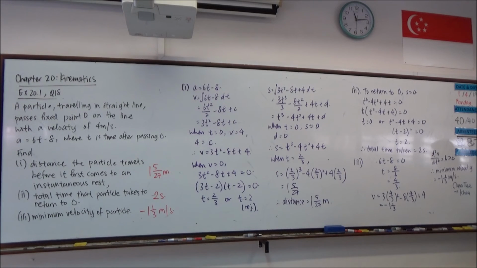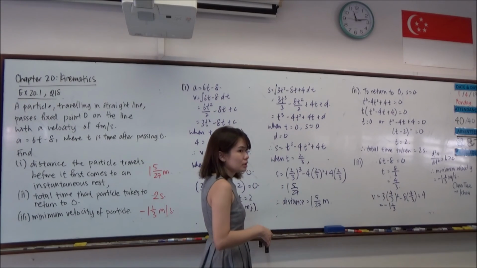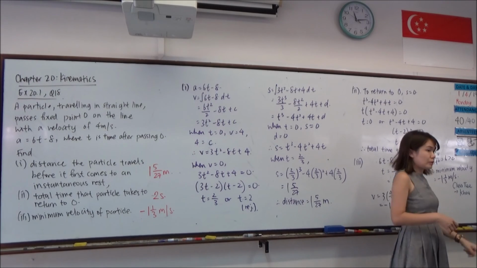Any questions? Please infer from part 1. When V equals 0, I want to get that V equals 0, then it means that it's returning to your original.